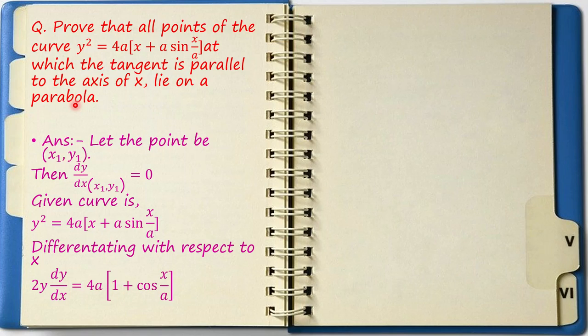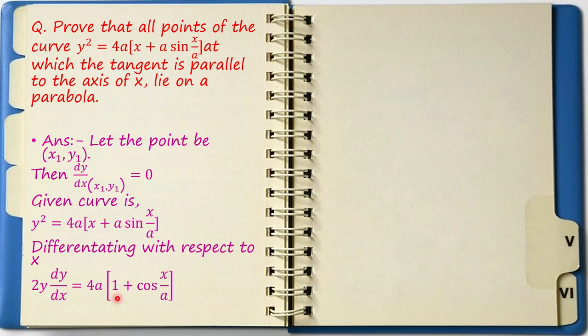Now if this (x1, y1) point is the point of contact at which the tangent is parallel to the x-axis, that means dy/dx at this point of contact should be 0. Now if we put the point (x1, y1) here, at that point dy/dx should be 0.